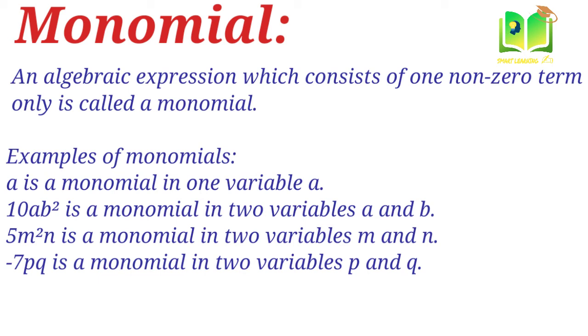See, in 5m square n there is no sign between them, meaning no plus or minus sign. So we can say this one is a monomial. If a single operator is there, then we will say it is a binomial.